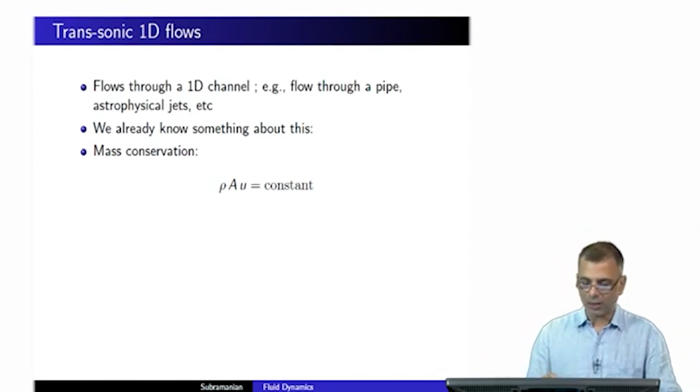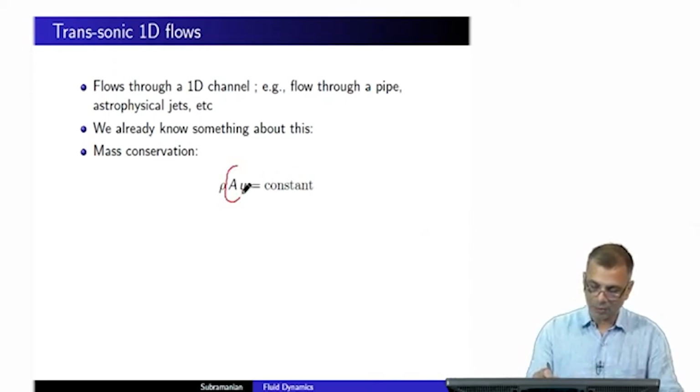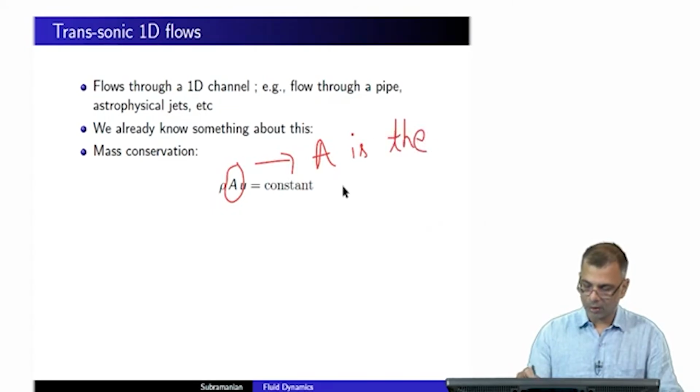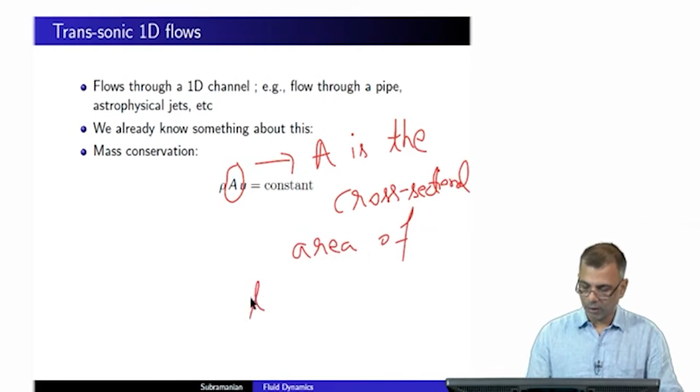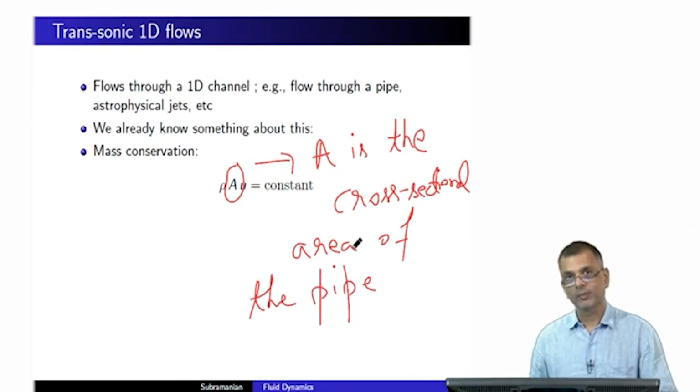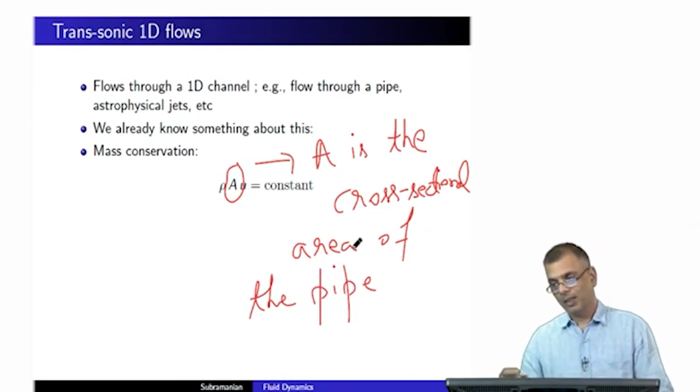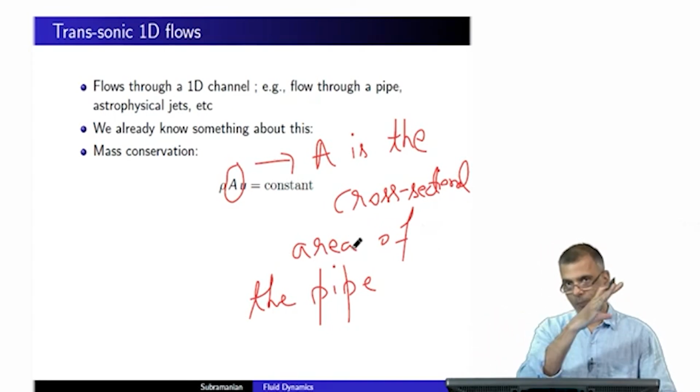We write mass conservation in the following form: rho A U equals constant, where A is the cross-sectional area of the pipe, which we allow to vary. A can vary with x. You can transition from a thin pipe to a thick pipe.